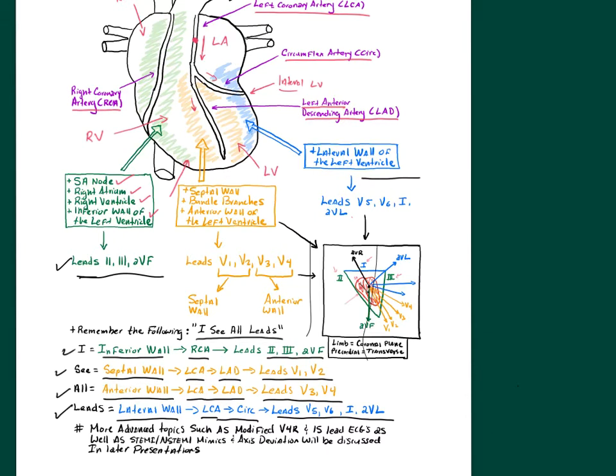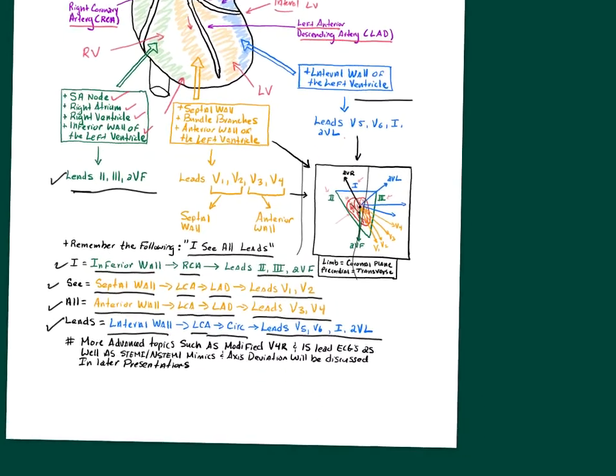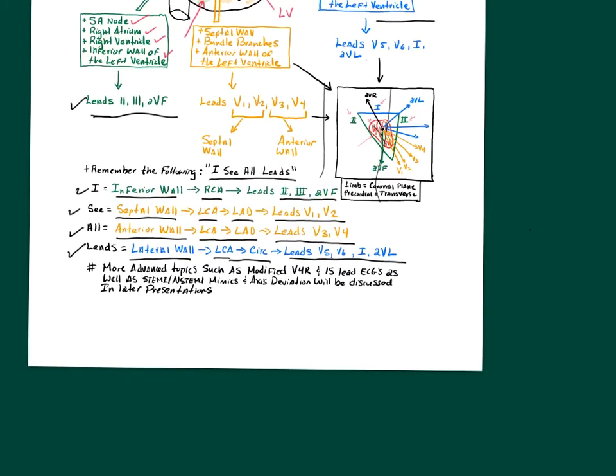All right, cool. Now, more advanced topics, such as doing modified 12 leads, V4R, 15 lead ECGs, as well as looking at things that mimic myocardial infarction, of which there is a laundry list, axis deviations, things like that, we're going to cover in discussions later on in class.